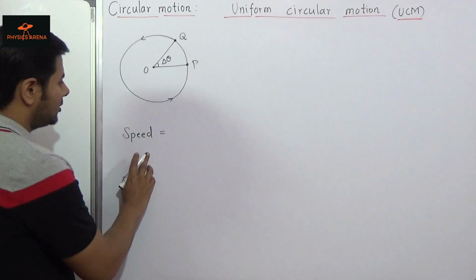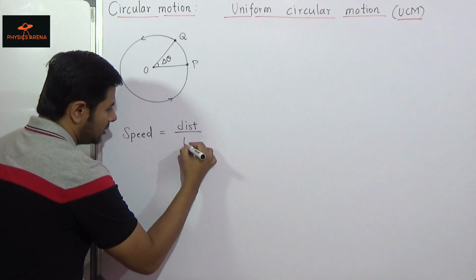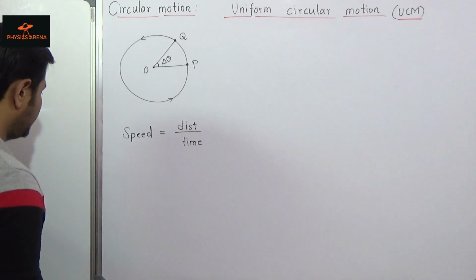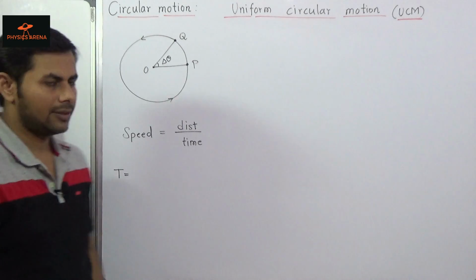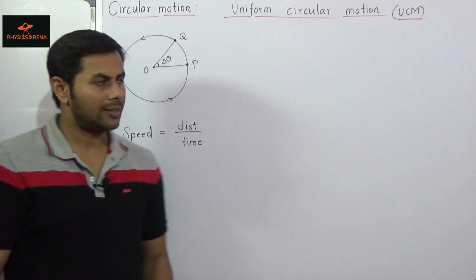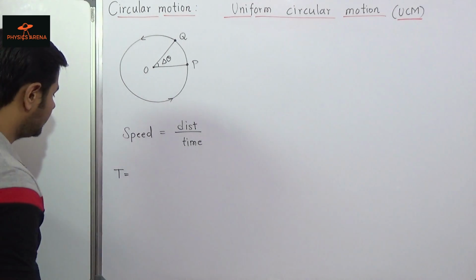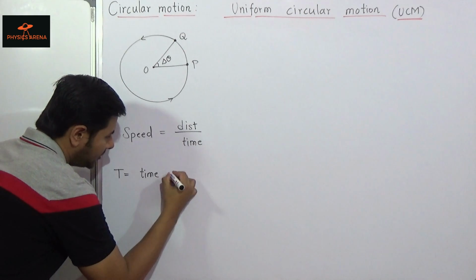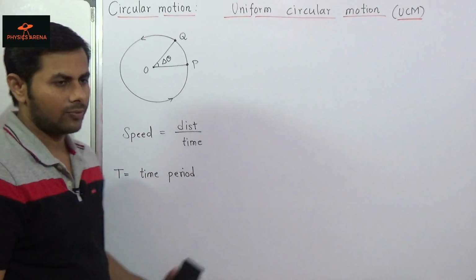So we know that the speed is distance covered divided by time taken, and suppose capital T is the time taken by this particle to complete one revolution along this circle. So this time is called the time period, or the periodic time for this particle.